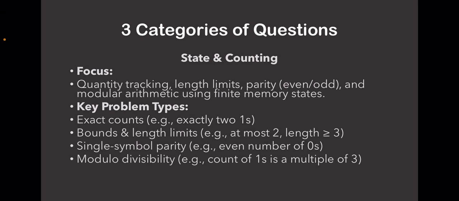It focuses on quantity tracking, length limit, parity, and modular arithmetic using finite memory states. So we can have questions like exactly 2 ones, at most 2, even number of zeros, and the modulo divisibility.